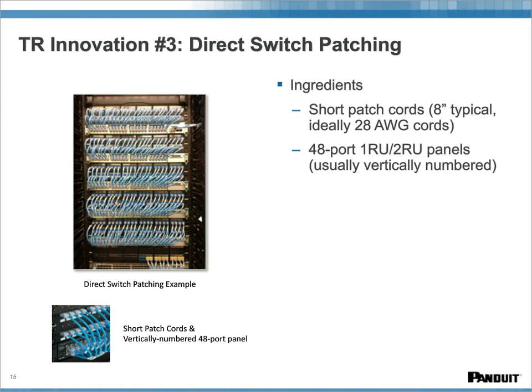Anyway, a number of questions get around the idea of what's the story going to be with these 28-gauge cords and that next generation of power over Ethernet? Will there be compatibility? Will they be supported? Will they support next generation power over Ethernet?